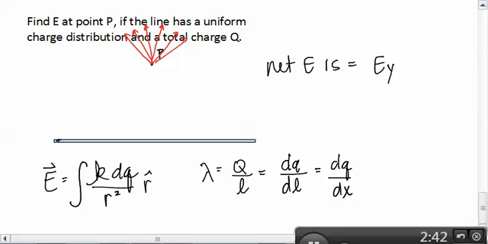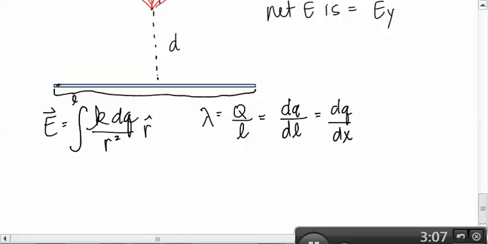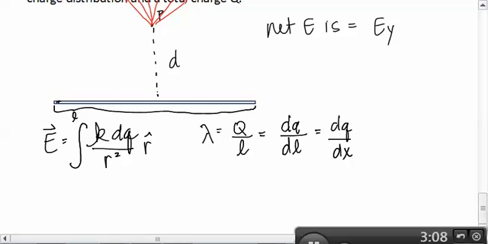Okay, so let's define the distance from point P to our long, uniformly distributed charged rod as being D. The length of this rod is L. That's the ugly bracket right there. So that's L. Now let's look at a bit of charge right there.